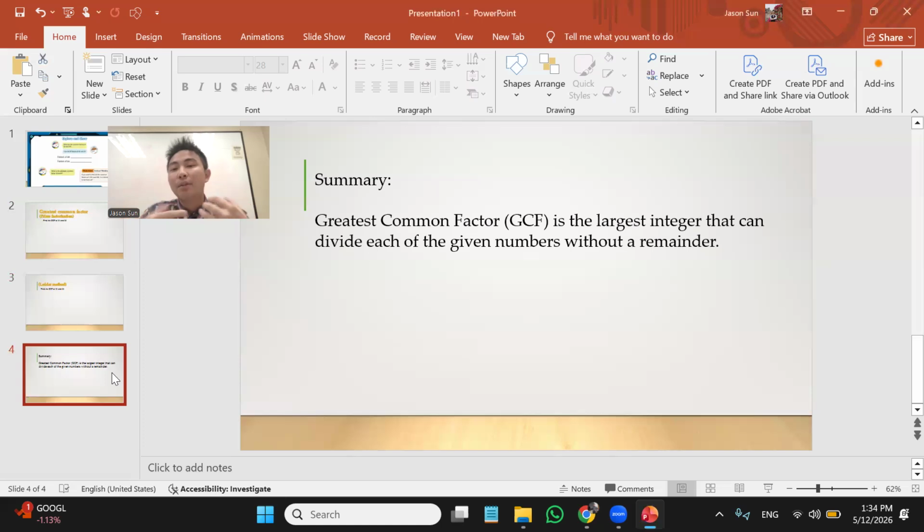So in our example, 24 and 30, the numbers that divide both are 1, 2, and 3, but the largest one is 6, so there are no other numbers that can divide both other than 6, okay? So this is the example of greatest common factor, and I will see you next round.